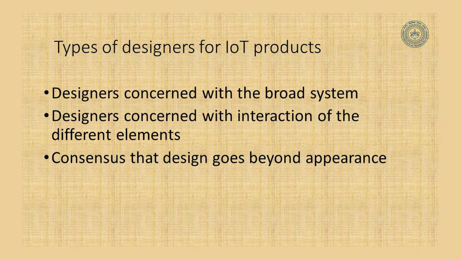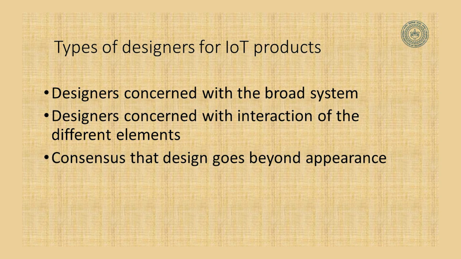Maybe the sensors and actuators interact in a way that provides some functionality such as temperature control. So some designers will design the board system, and others will design the interaction between the different elements.